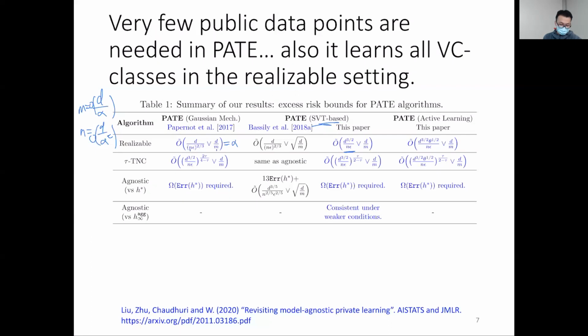So a big open problem is whether the same story can be said for agnostic learning with a practical efficient algorithm.